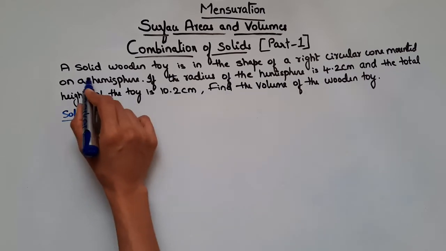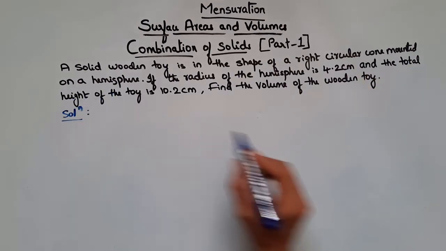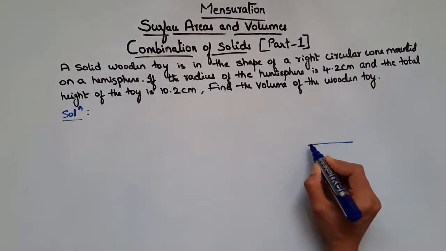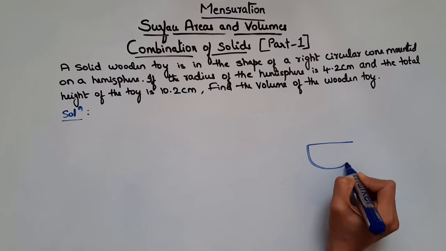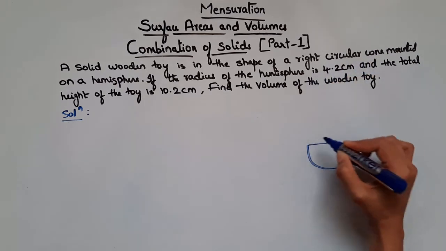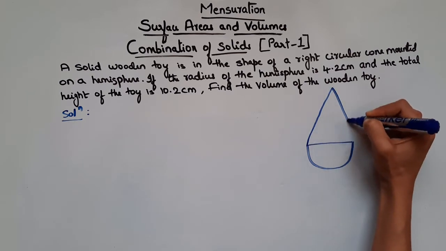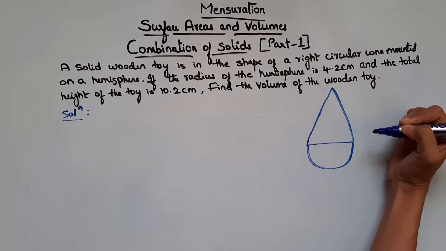So here we have a solid wooden toy in the shape of a right circular cone mounted on a hemisphere. So we have a hemisphere where the right circular cone is mounted upon this, which means it's like this, right?